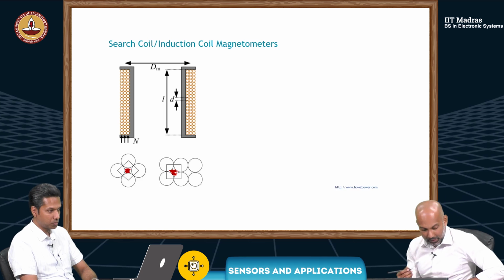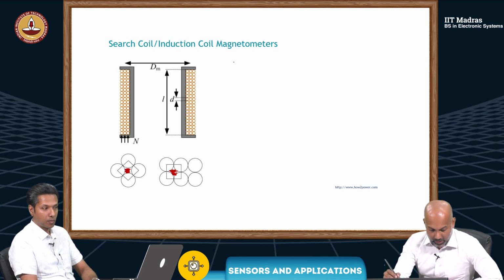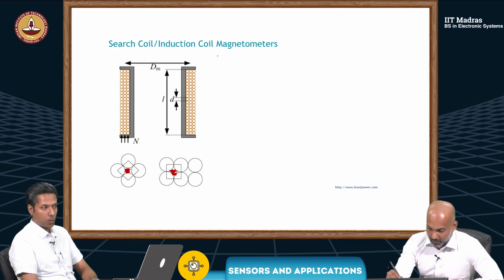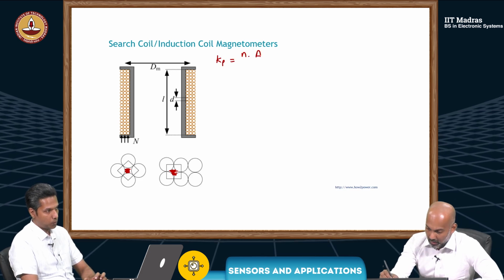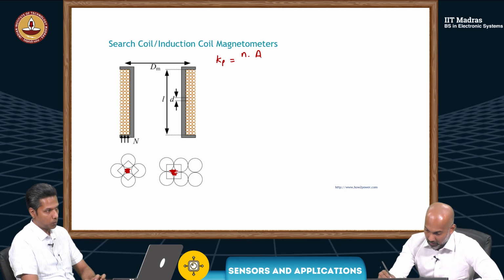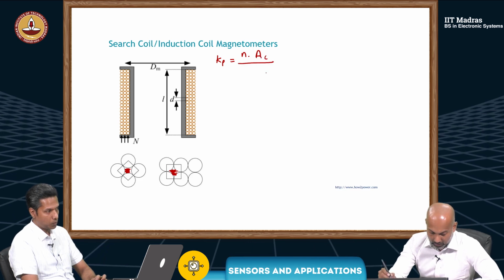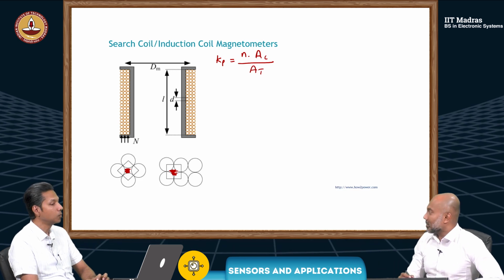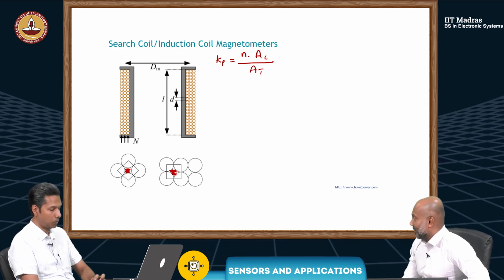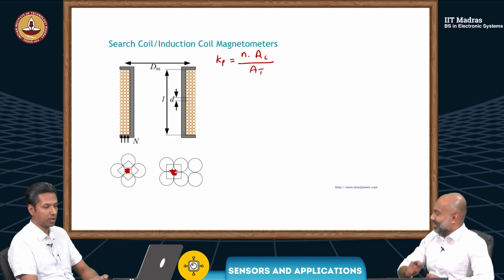In fact, the number of turns is related to something called a packing factor, how well you wind that coil.